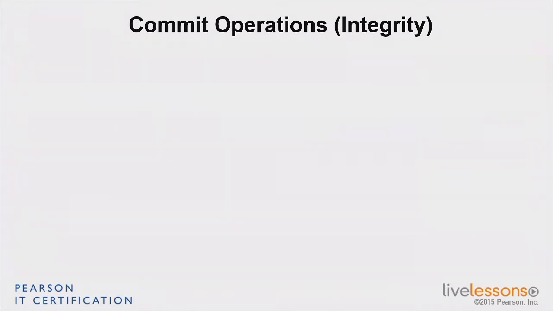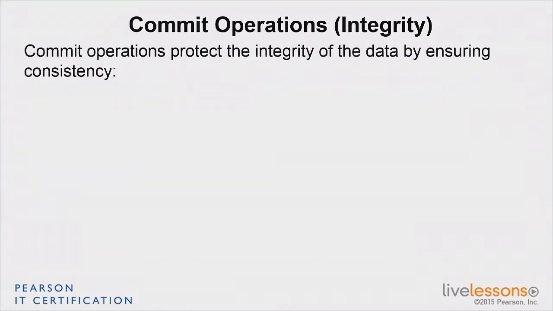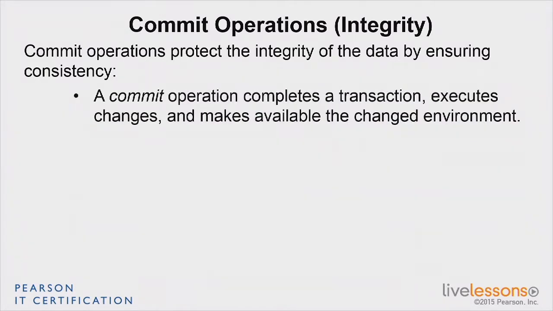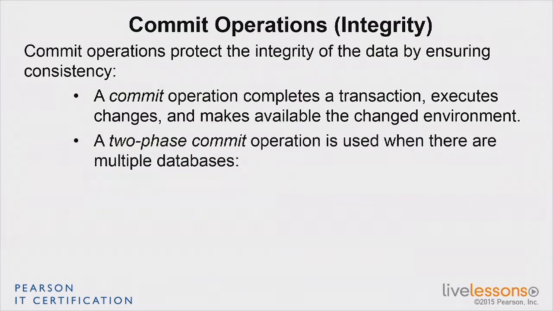Commit operations also ensure integrity. A commit operation protects the integrity of data by ensuring consistency. So a commit operation will complete a transaction, execute the changes, and make available the changed environment. Those are the three components of a commit operation: complete the transaction, execute the change, and make available the changed environment. A two-phase commit operation is used when there are multiple databases involved.